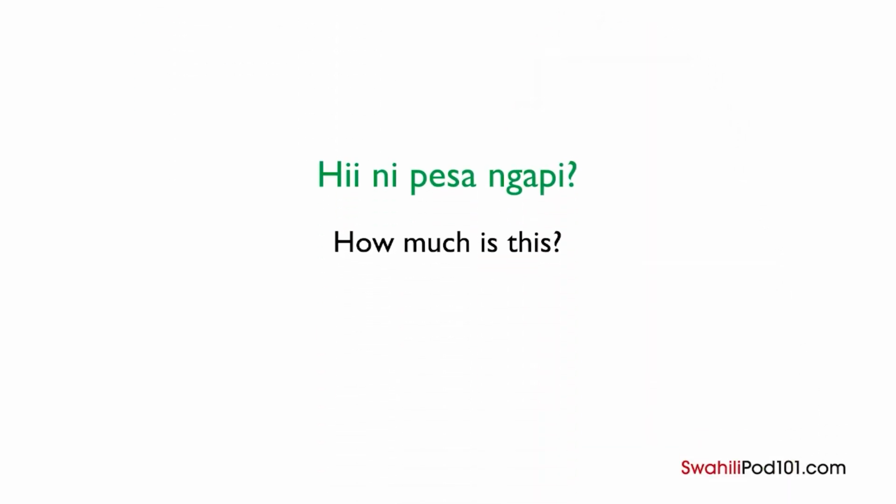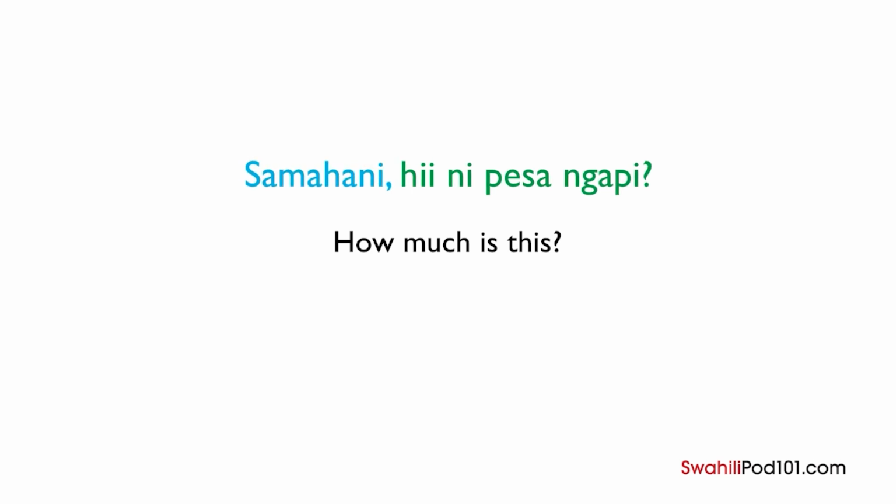Imagine you're in a shop in Kenya. You find something you want to buy, and you want to ask how much it costs. Start by saying, samahani. Do you remember what this means? Excuse me. Samahani, hii ni pesa ngapi?